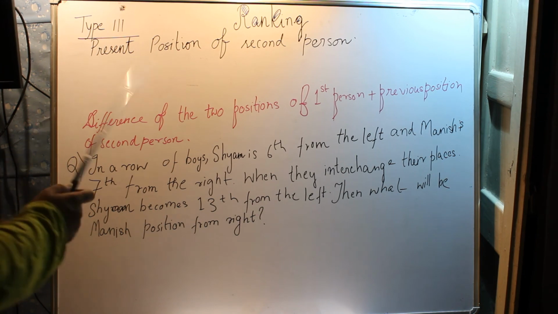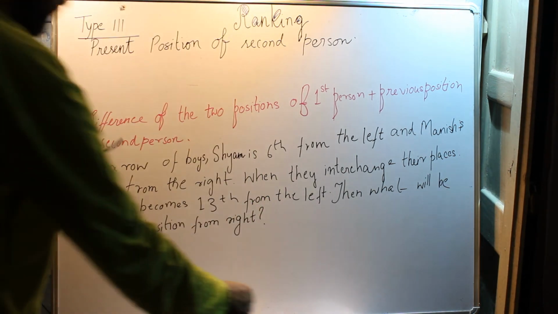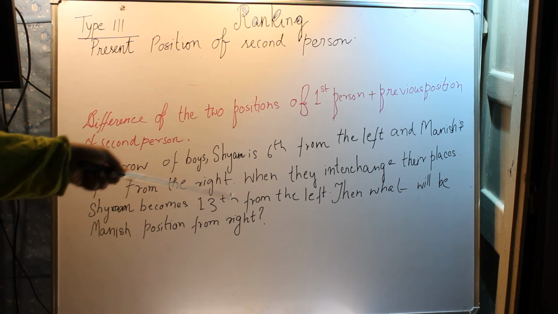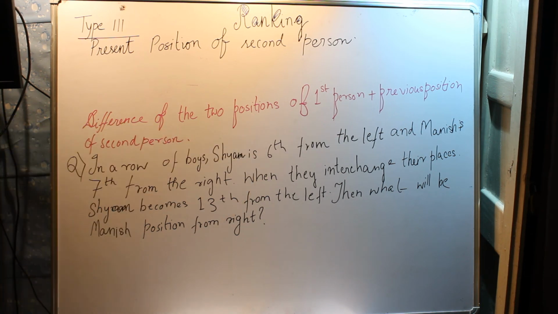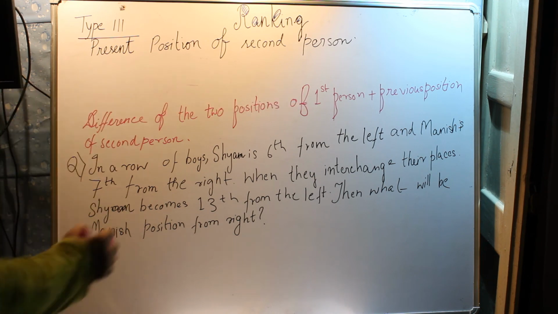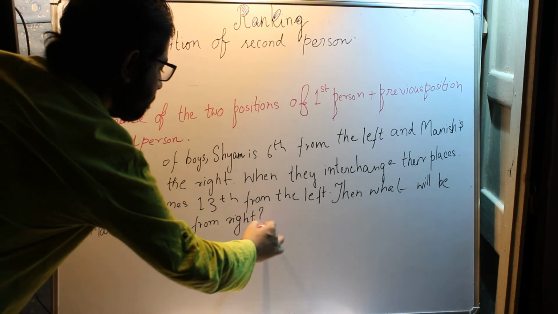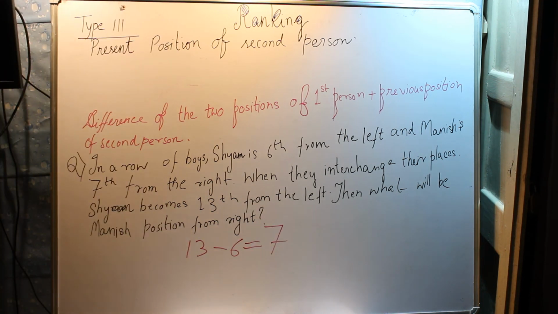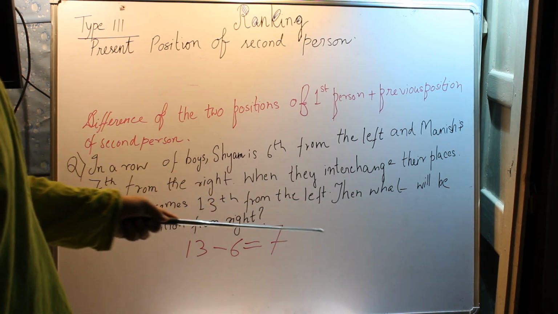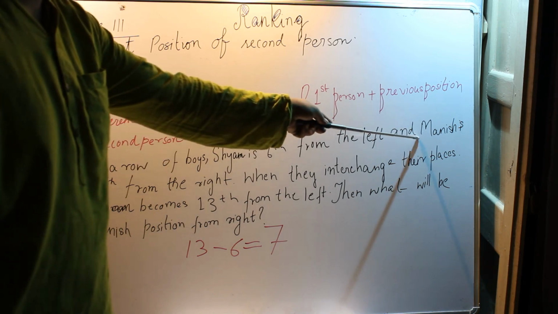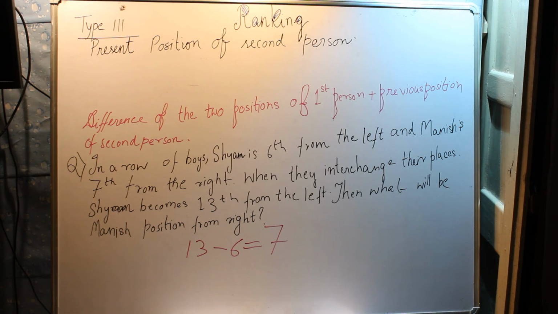As per the formula given, we will apply it and solve. Sham is now 13th from the left. Previously Sham was 6th from the left. So the difference of the two positions of the first person, 13 minus 6, is 7, plus the previous position of the second person, Manish, which is 7th.